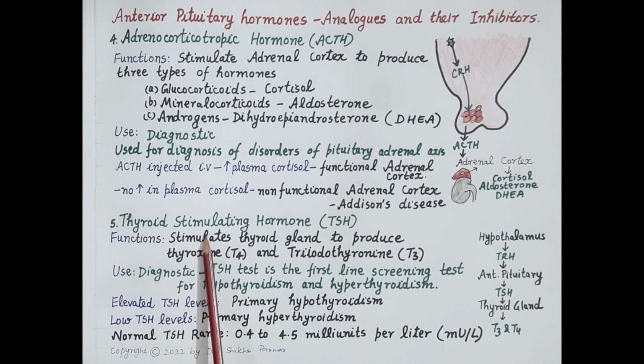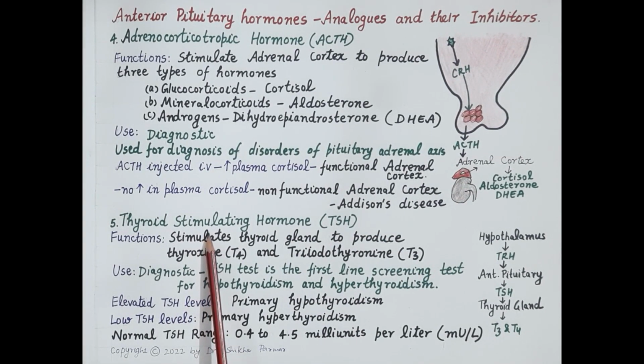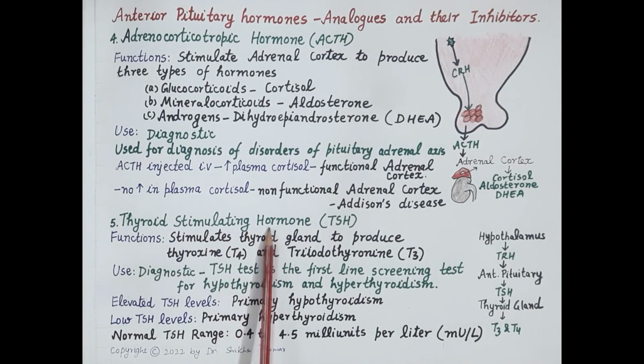Now let's talk about the thyroid stimulating hormone. TSH is also released from the anterior pituitary. So TSH released from the anterior pituitary stimulates the thyroid gland to produce thyroxine, that is T4, and triiodothyronine, that is T3. Now let's understand the use of TSH.